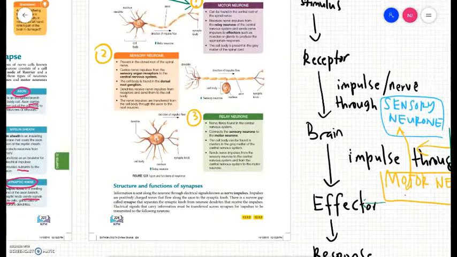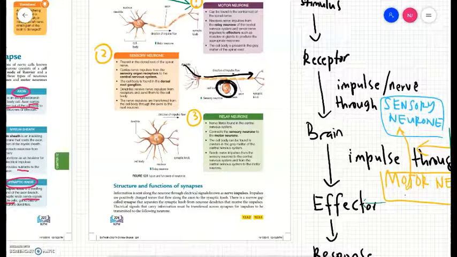Okay, now let's look at sensory neuron. What is the difference between motor neuron and sensory neuron is where the cell body is located. You can see here the cell body of sensory neuron is located at the center here, in the dorsal root ganglion. Okay, the dendrite, we see here. Usually we would see the cell body right away, but no, it goes straight to the axon, and the cell body is in the middle.